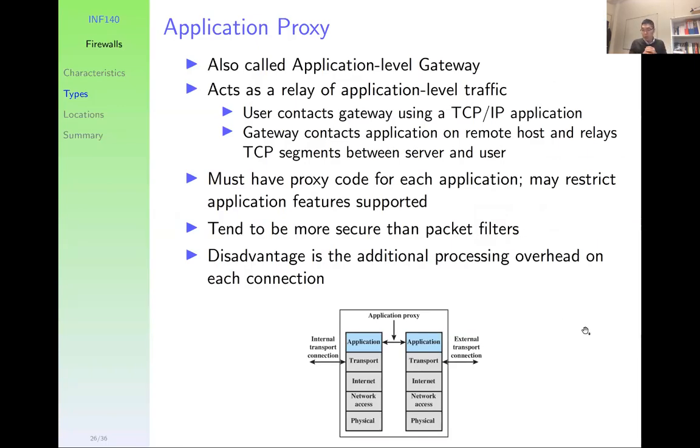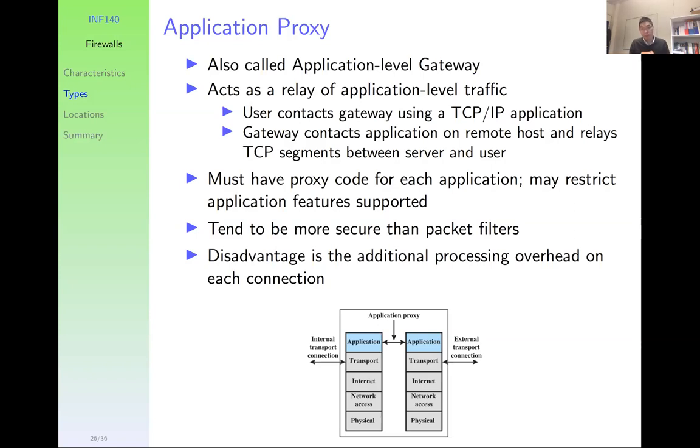And in this process, you have seen that the firewall has extra capability to look into the content of the data, even modify the data. So in some sense, it's more secure than simple packet filtering. It could be more secure than stateful inspection firewalls as well.